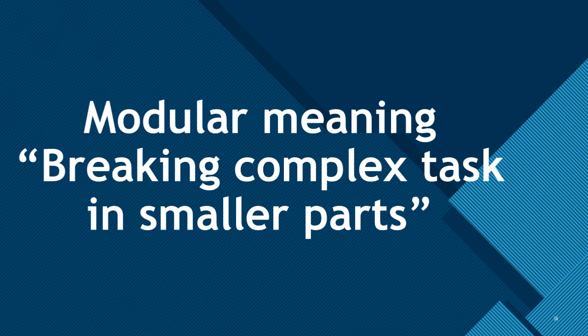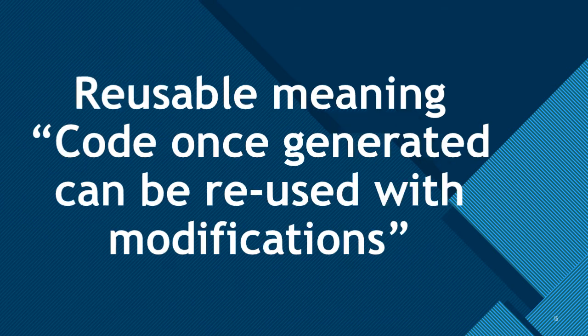That is modular programming, and object oriented programming gives you the facility to create it. Then reusable: once you have created an object or a function, you can reuse it afterwards in other software or programs also.